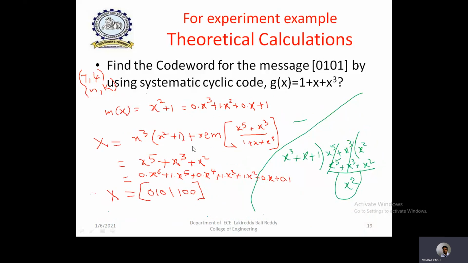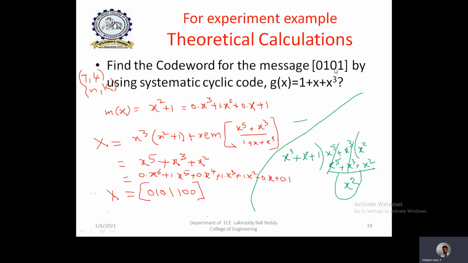Okay. Similarly, we have another example. This example is taken from the experiment. If you are using a hardware kit, then this is the example we generally take in the experimental analysis. So consider the input as 0 1 0 1, and theoretically first calculate the code polynomial or code word by using this equation. The same formula is applied.